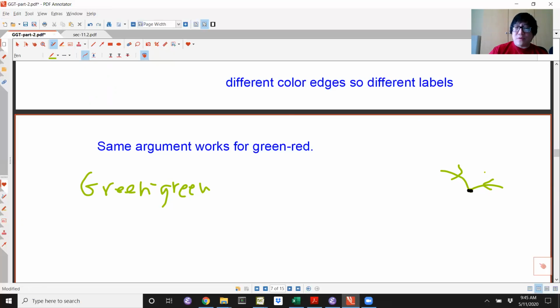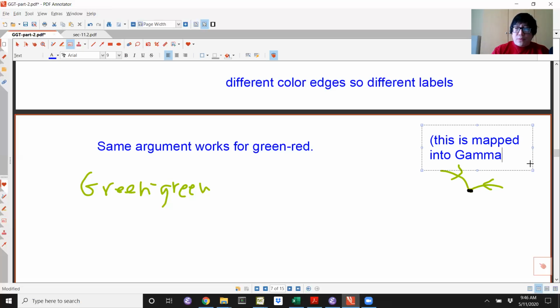because remember, I'm not drawing something literally inside gamma prime. It's a little bit tricky what I drew here. So this is mapped into gamma prime. So maybe there's some path over here in the schematic for the path.